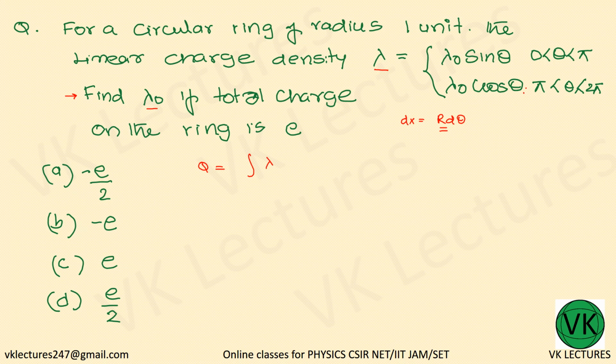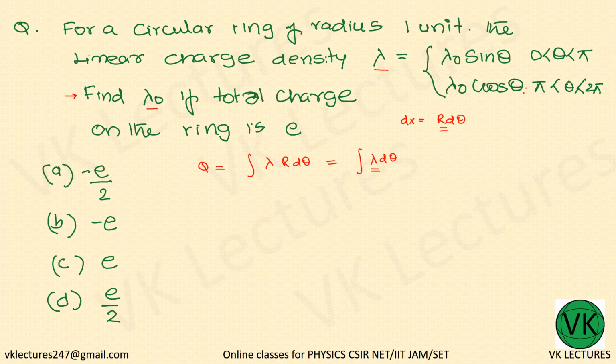Now we know that r has a unit, it is unity, so we can write the integral of lambda d theta, where lambda is given as lambda naught sine theta in the range 0 less than.